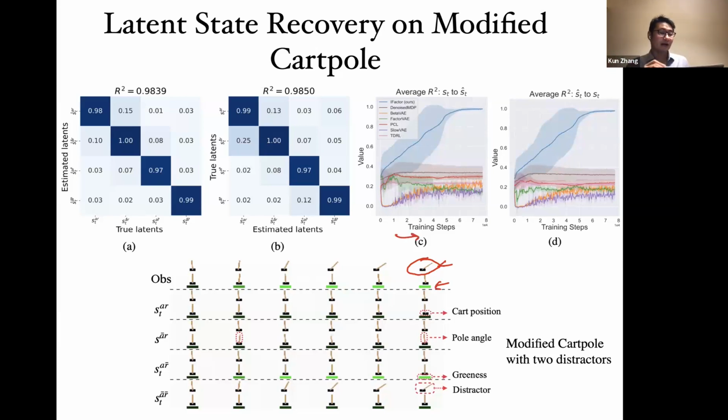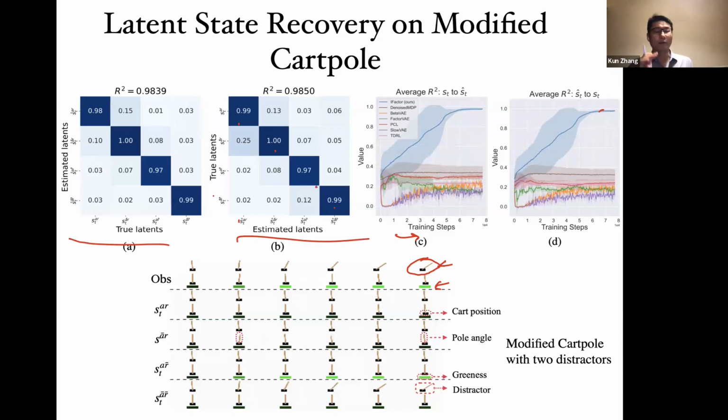So this is the value of the average R squared for the original state representation for the 4 types of state representations. As you increase the training steps, you can see it quickly increases, and eventually the value is almost 1. As you can see from the 2 confusion matrices on the left, each of those 4 categories can be recovered in a very good way, right?